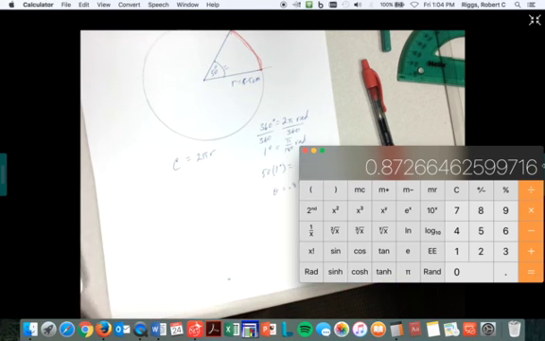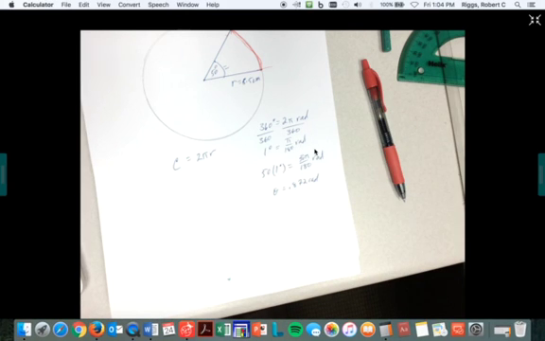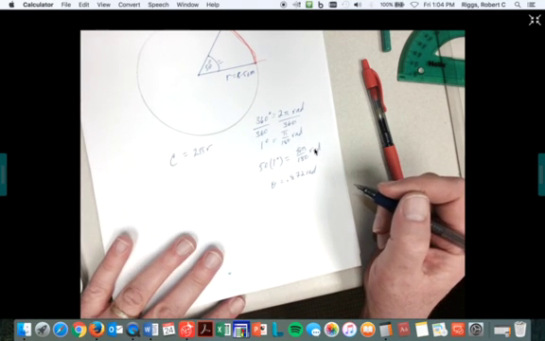That's what the angle is equal to, 0.872 radians.